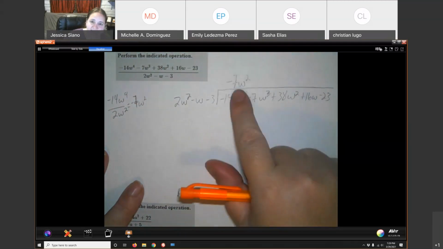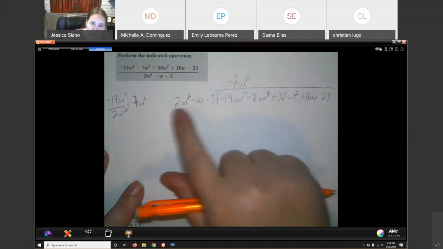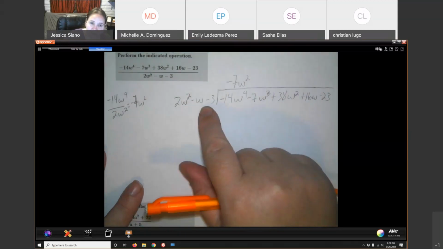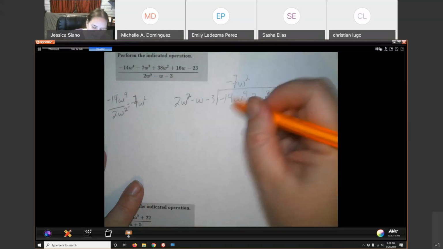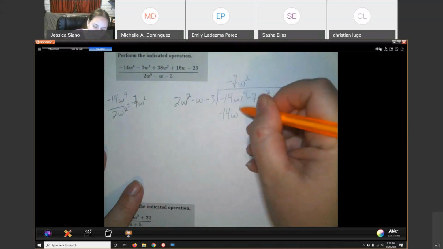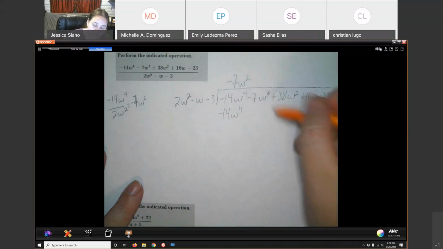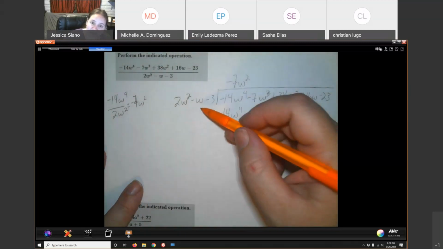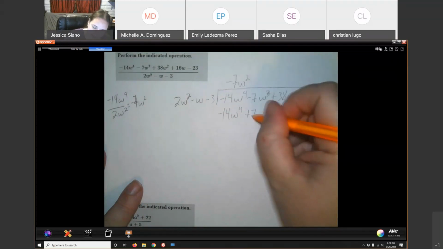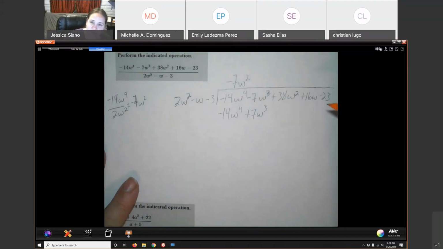Then I take this negative 7w squared and multiply it by everything here. Negative 7w squared times 2w squared is negative 14w to the fourth. Negative 7w squared times a negative w is plus 7w to the third.